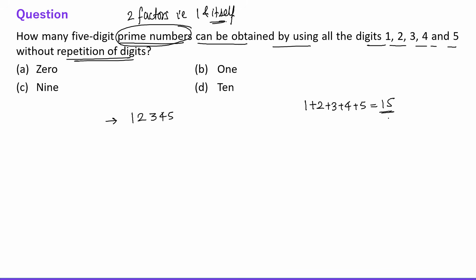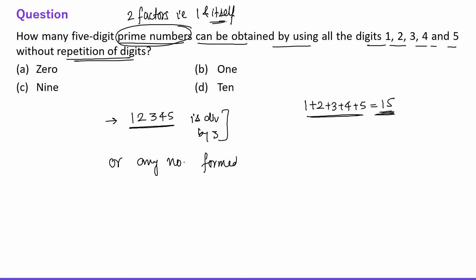15 is divisible by 3. So the divisibility rule of 3 says if the sum of digits of a number is divisible by 3, then the entire number is divisible by 3. So any number formed by these 5 digits 1, 2, 3, 4, 5 will be divisible by 3.